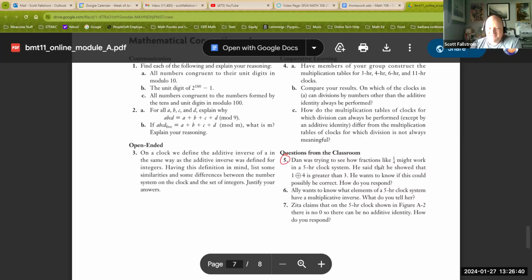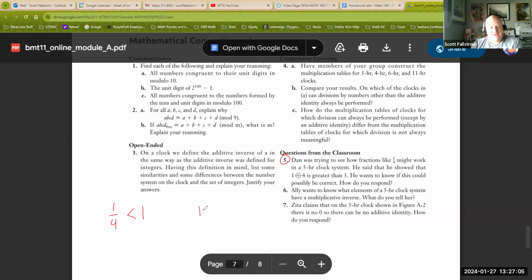And lastly, what do we have? Dan is trying to see how fractions like 1/4 might work in a 5-hour clock system. He said that he showed that 1 divided by 4 is greater than 3. But how is that possible? In his mind, when he sees 1/4, he says that has to be less than 1 because 1/4 of it is less than 1.